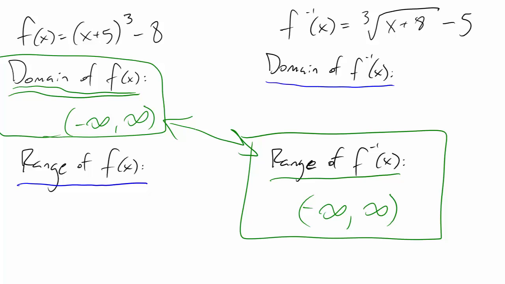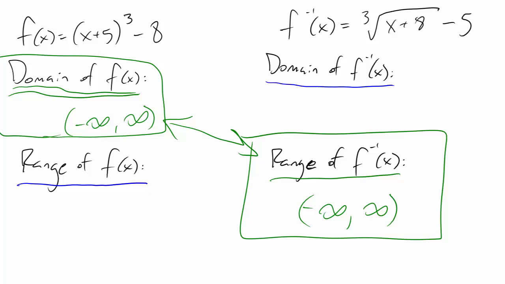Alright, so now let's turn our attention over to f inverse, and that was the cube root of x plus 8. Adding 8 to anything doesn't create any problems. Cube root also doesn't offer us any room for concern because it's an odd indexed radical, which means we're allowed to take the cube root of positive numbers, negative numbers, and 0. So that part's good too, and the minus 5 doesn't create any additional problems.